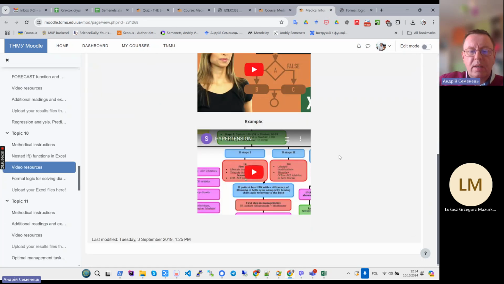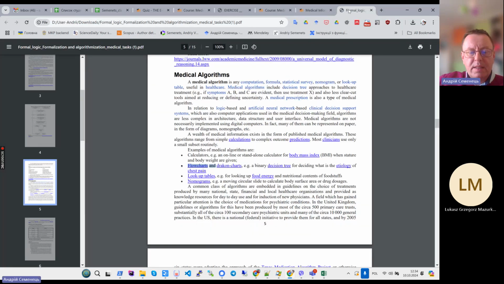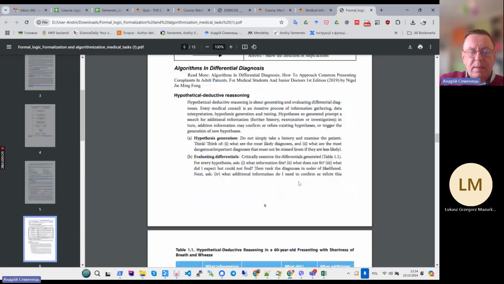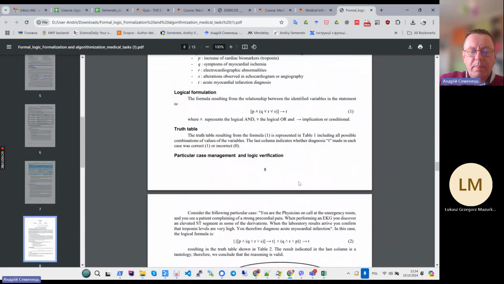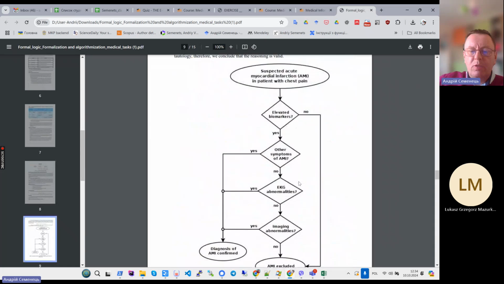So here is an example of the usage of a flowchart to visualize the diagnostic process. I strongly recommend this. And here are given some notes about how to draw flowcharts. But as I said, we also have the flowchart.